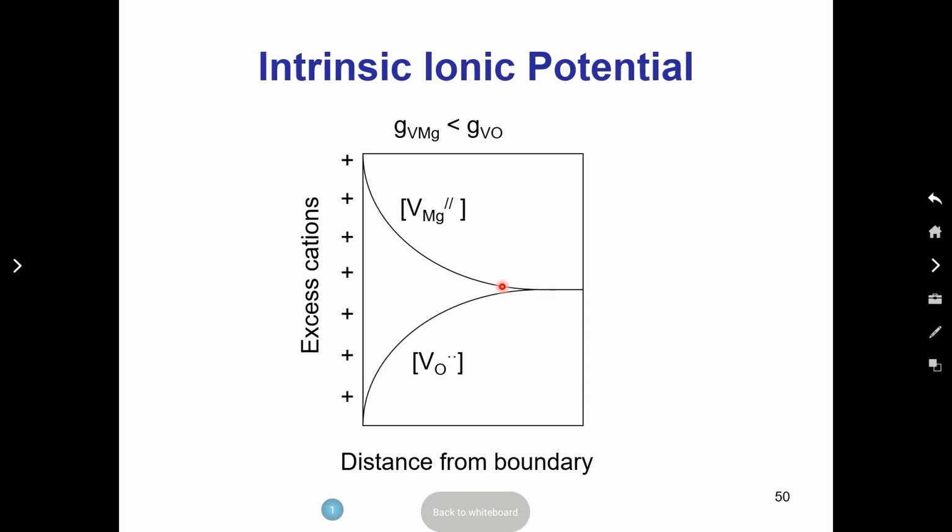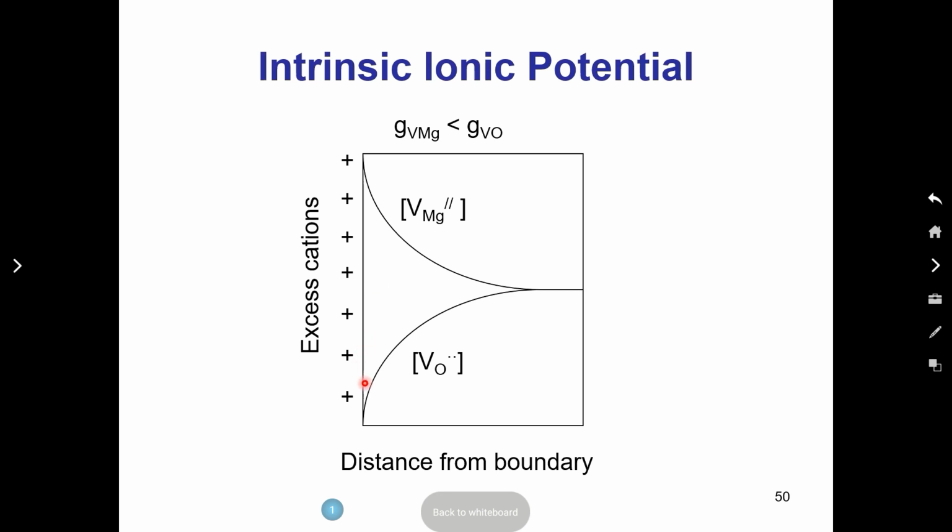Does anyone remember what the electron neutrality condition for the Schottky defect in magnesium oxide was? It was that this is exactly equal to that. Therefore, you can see that the electron neutrality condition holds in the bulk. So when we were writing that electron neutrality condition, we were referring to the bulk, not the surface.